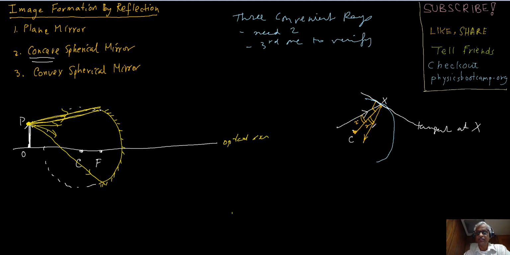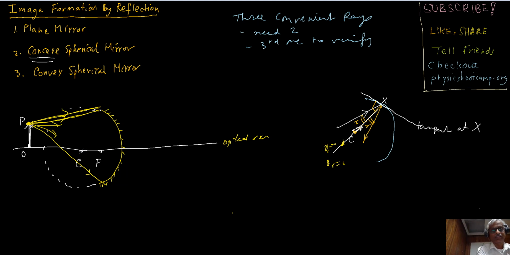So if I were to send a ray in that direction, the angle of incidence is 0, which means the angle of reflection is 0, so it's going to bounce right back. So this one ray is very easy to draw.